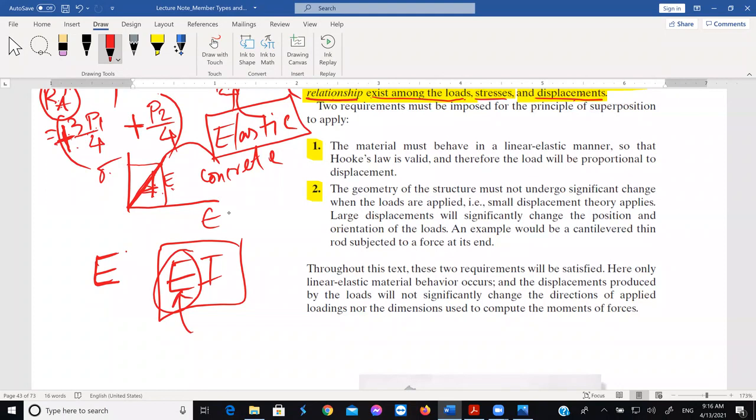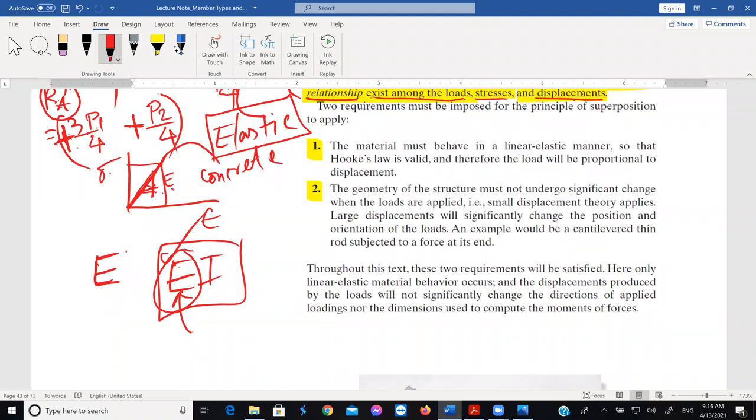However, in most structural analysis, we perform the analysis using the modulus of elasticity. That means there is an underlying assumption that the member or structure behaves elastically. That's why you use this term E in structural analysis.